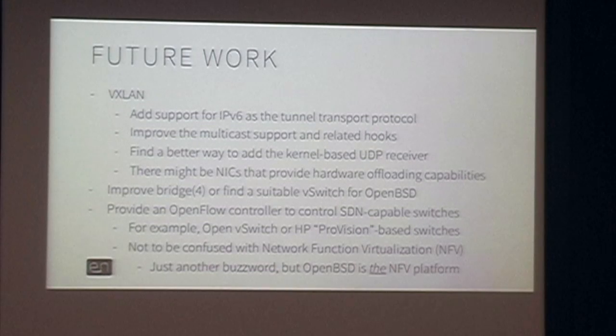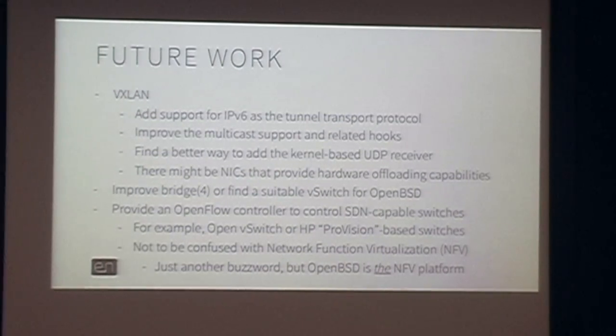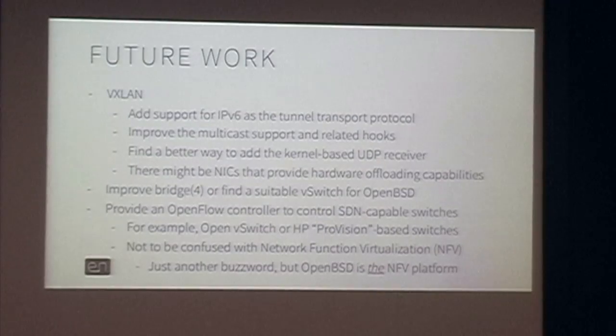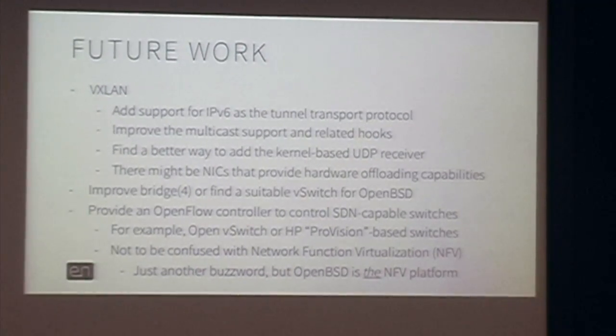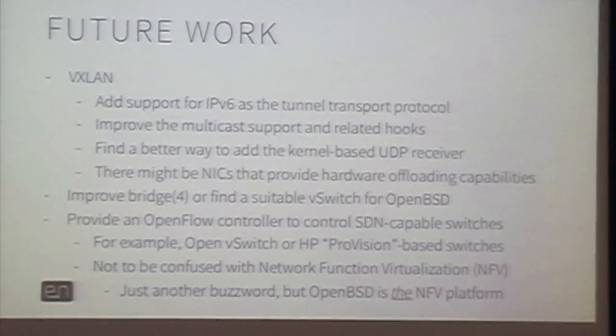For the UDP receiver, at the moment the UDP input function in the network stack is checking if VXLAN is enabled, then it sends it to the VXLAN function that is checking, is this packet for me?